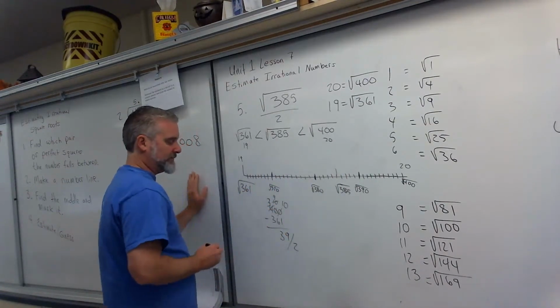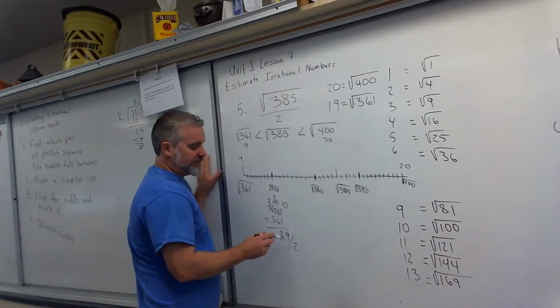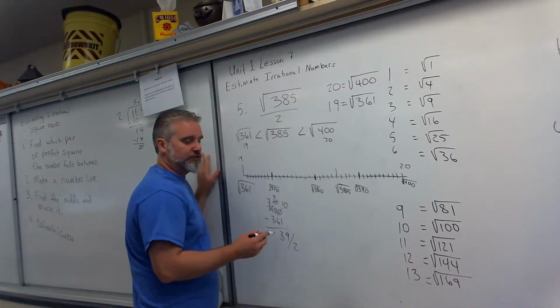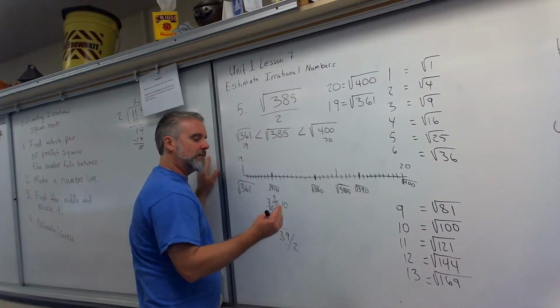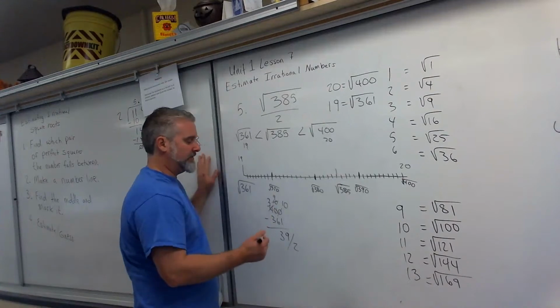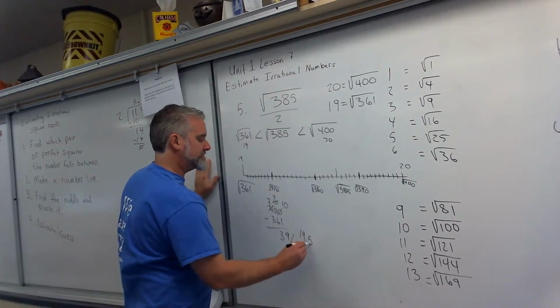Finding the midpoint, we're going to divide by 2 again. So how to do this in my head? Well, I know 40 divided by 2 is 20. And this is just 1 less than 40. So I'm going to take a half off of 20 and get 19.5.